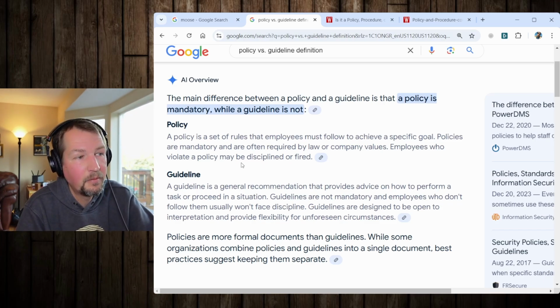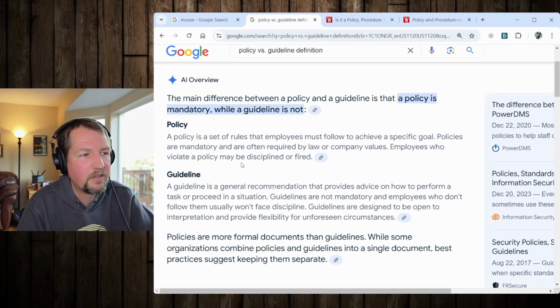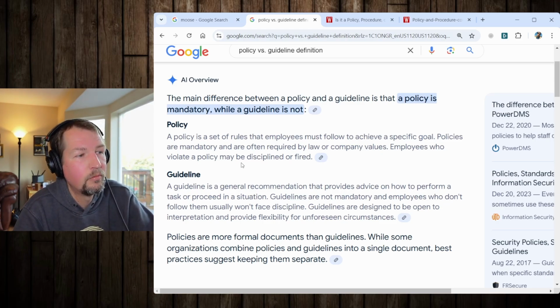And this is a big mistake because if you really do have a policy that you are going to measure and enforce if someone doesn't follow it, employees need to know that as early as possible, or before they make a mistake.